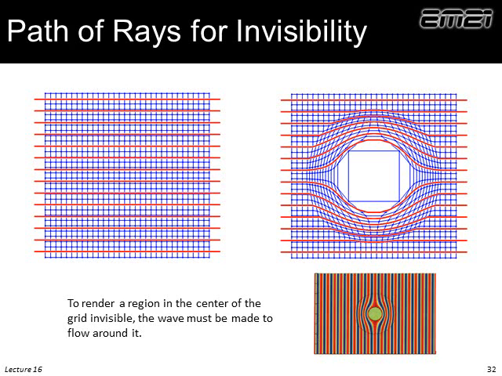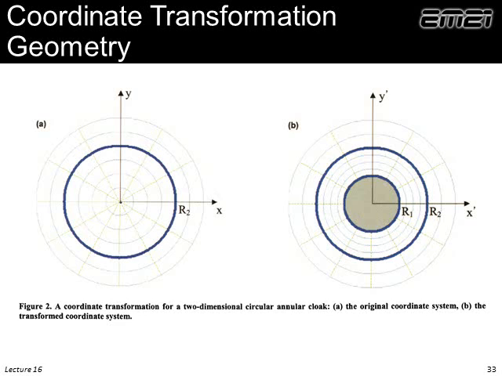Once we come up with that transformation, the procedure is the same as what we've just done. It makes sense to do this in either spherical or cylindrical coordinates: cylindrical if we just want a two-dimensional simulation, and if we really want a three-dimensional object, then spherical coordinates in 3 dimensions.